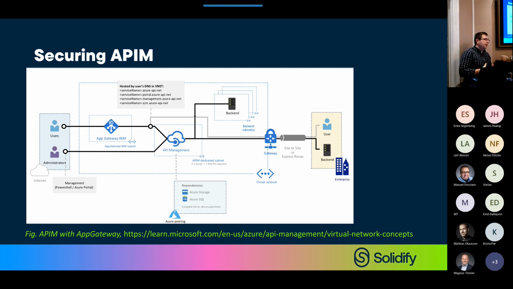What we recommend is to deploy an internal API management if security is important, and then have an application firewall in front of it. If you want to be OWASP top 10 secure, you could achieve some of that only with policies and so on. But obviously it's much better to use an application gateway or some other network appliance.